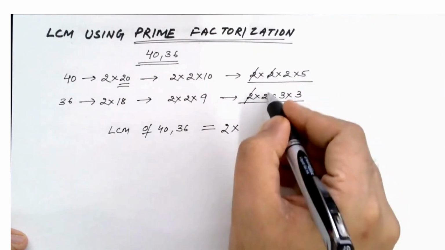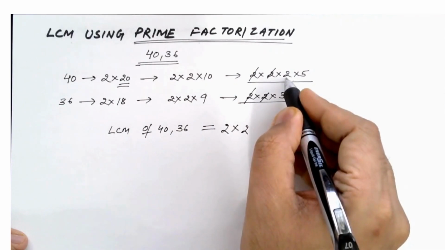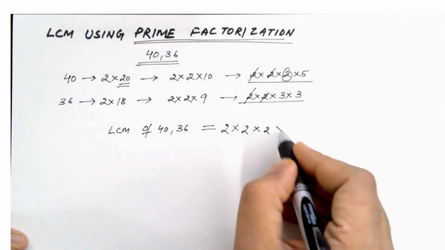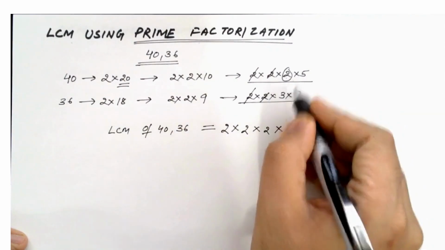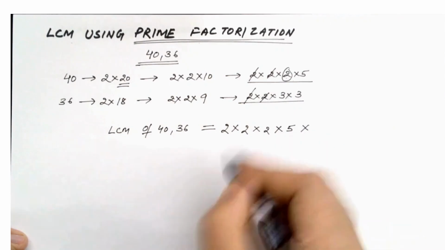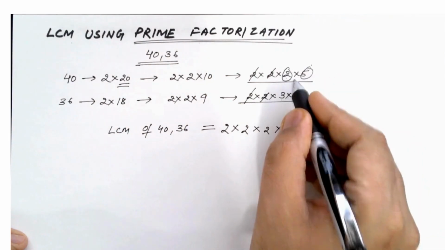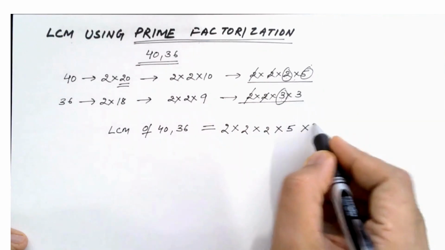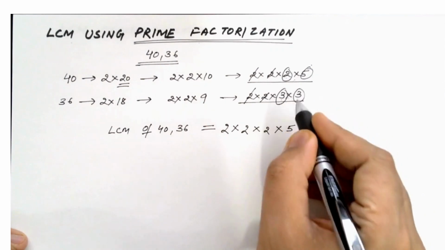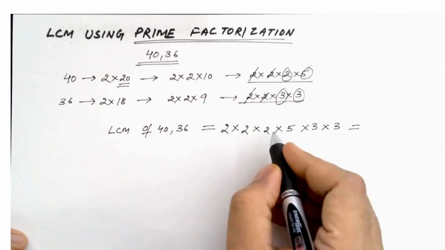We have 2 common, we write 2. 2 is not present in this but is present in this, we have to include it. 5 is not present in this but is present in this, we have to include that. 3 is not present in this but is present in this, we have to include that. And 3 is not present in this but is present in this, we have to include that. So how much does it become?